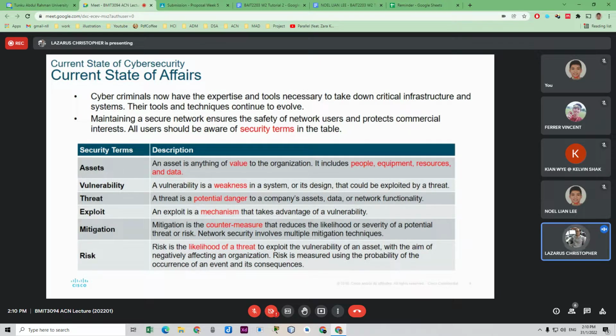Vulnerability means there's a weakness in the system, whether in its design, its operation, or its current state. If this weakness is known, it could be exploited by any kind of threat the cyber criminals can impose.